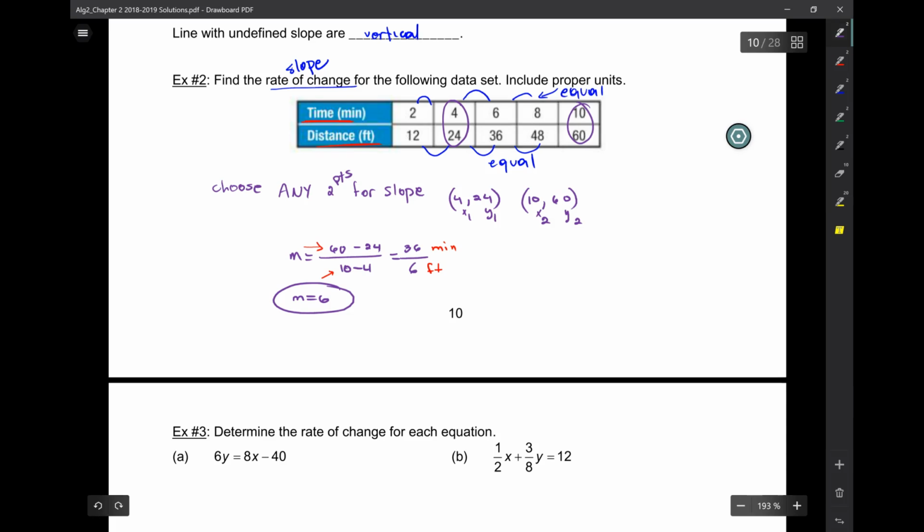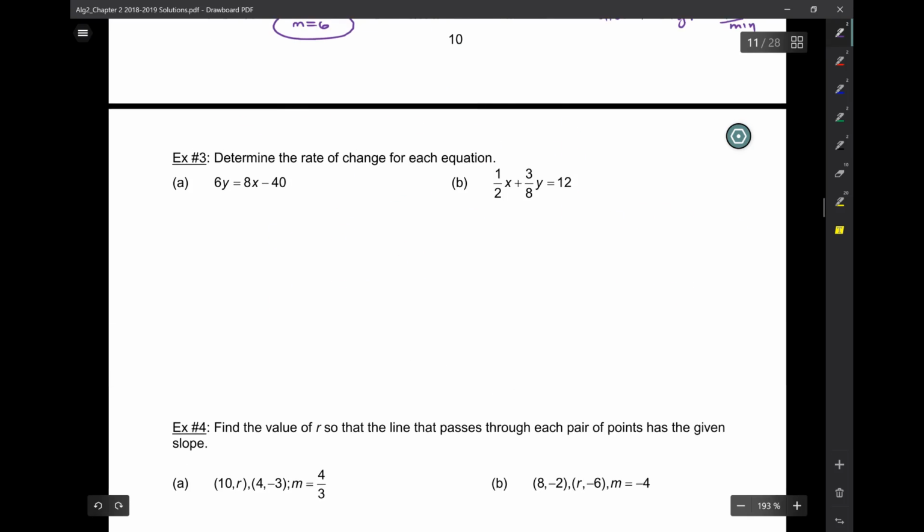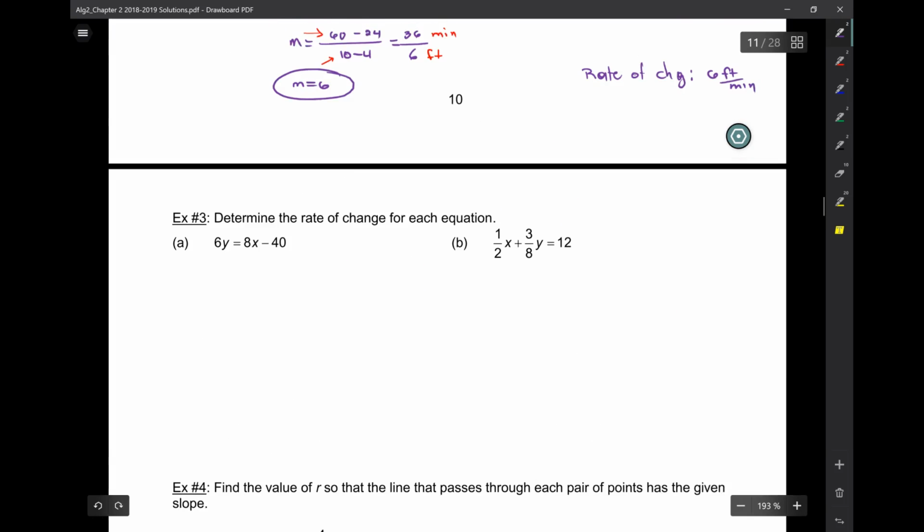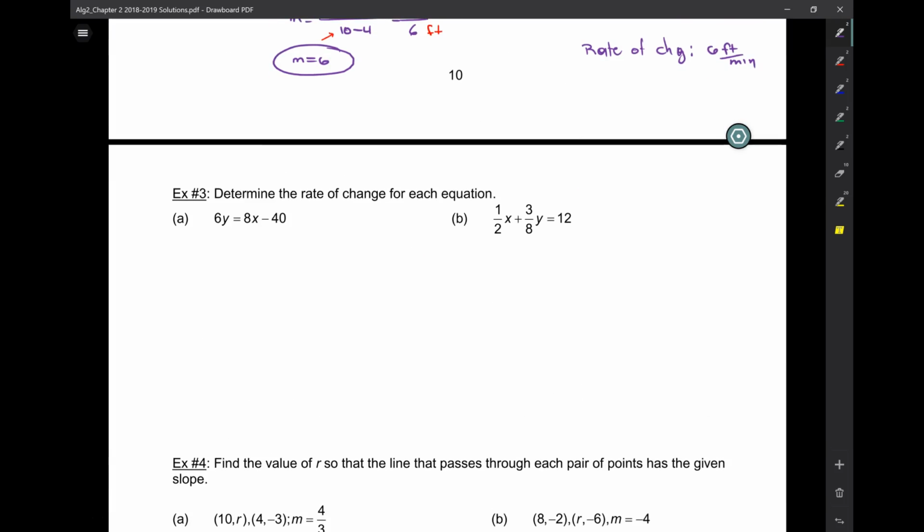So the rate of change is 6 feet per minute. Okay? All right. Here, how are we going to find rate of change?